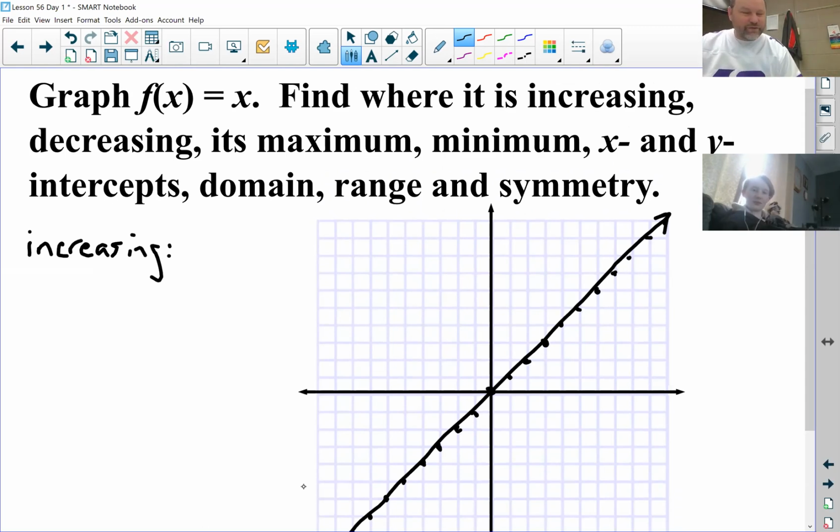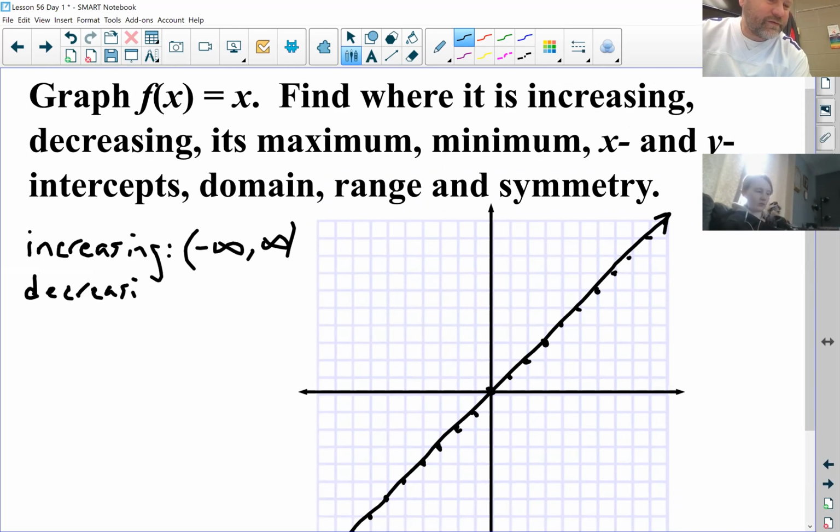And we always want to talk about moving left to right. So it's increasing everywhere. And therefore, it's decreasing nowhere.